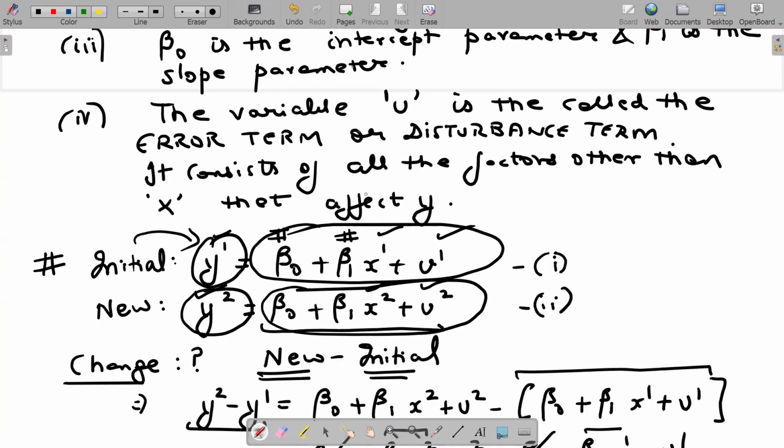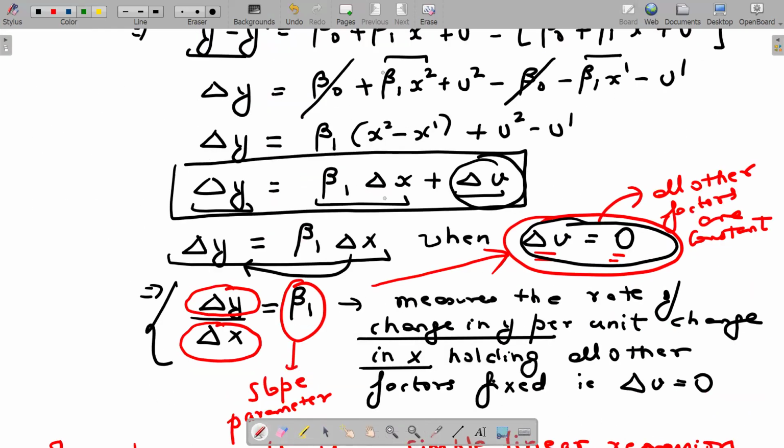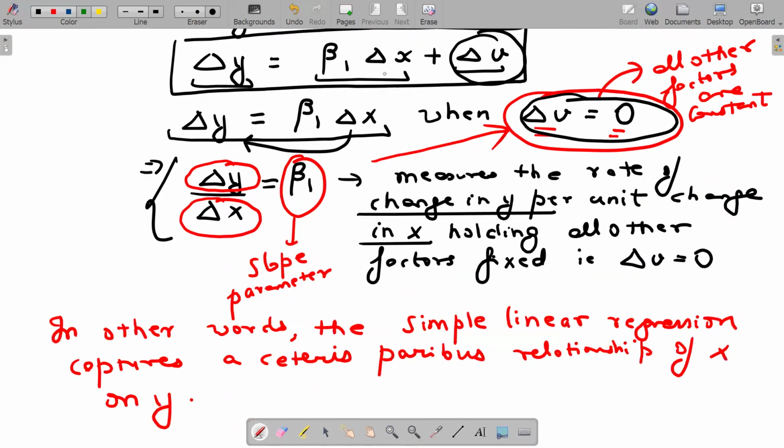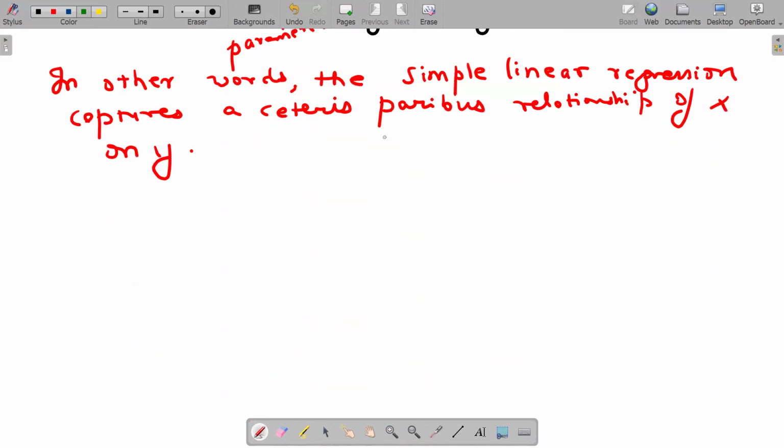So when it comes to estimating using a random sample, we are going to see how ceteris paribus, how x impacts y in the sample. Okay, so hoping students are clear with this and have no doubts.